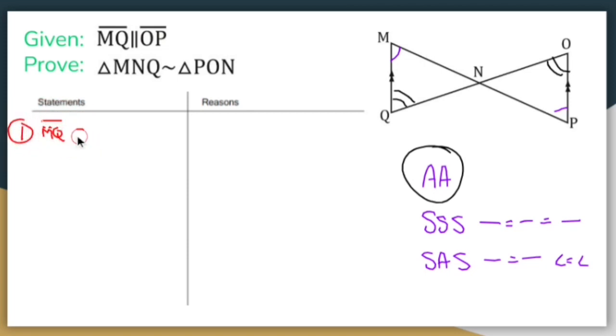So number 1 is the given. Side MQ is parallel to side OP, and that's my given. Let's use the right colors. 2, I could say that the measure of angle QMP is equal to the measure of angle OPM.